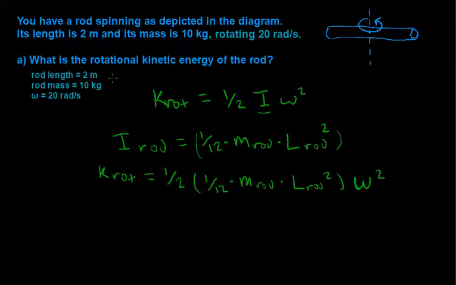We have everything that we need now in variables: the mass of our rod, the length of our rod, and our angular velocity. So we can just plug all these numbers in and solve for it.